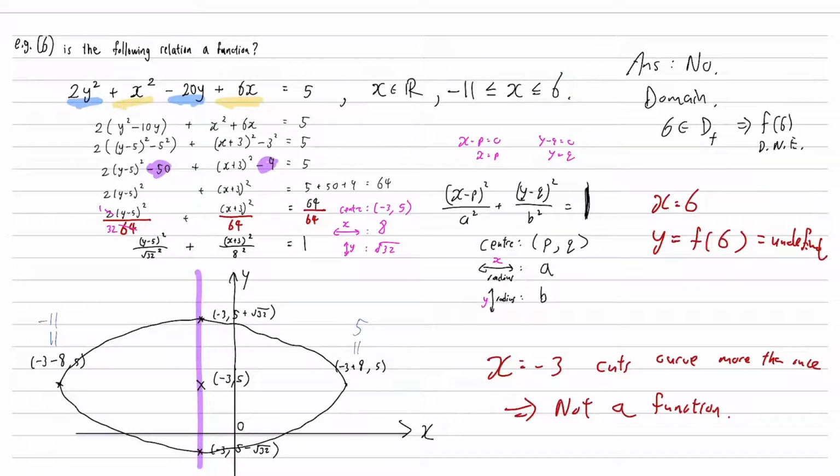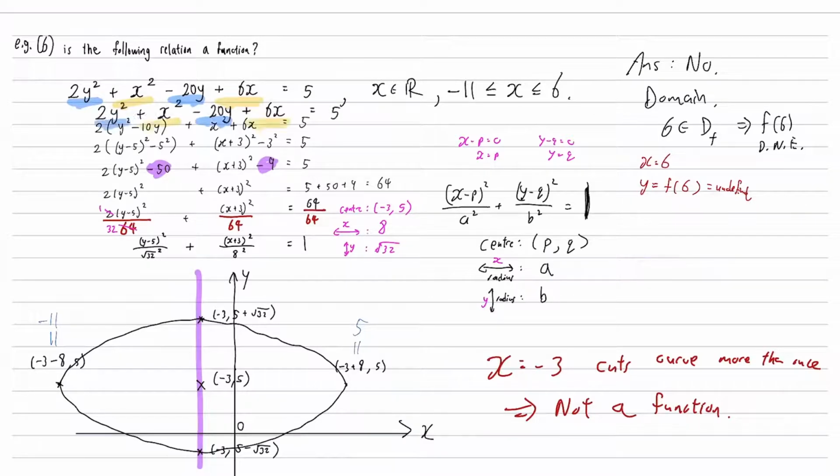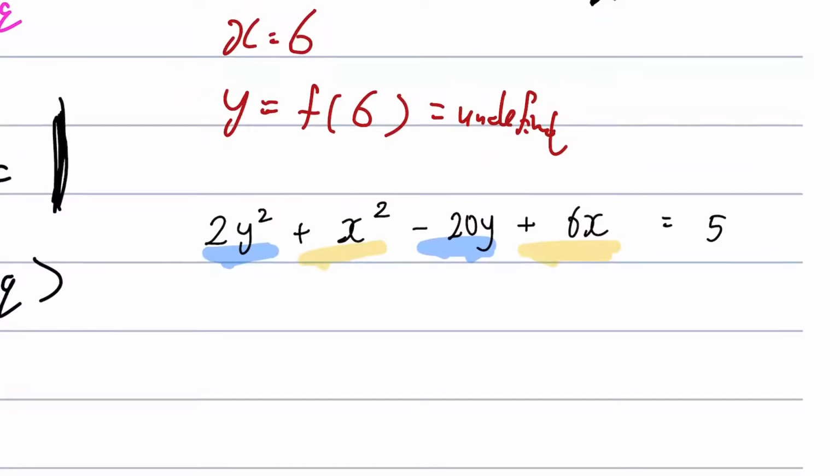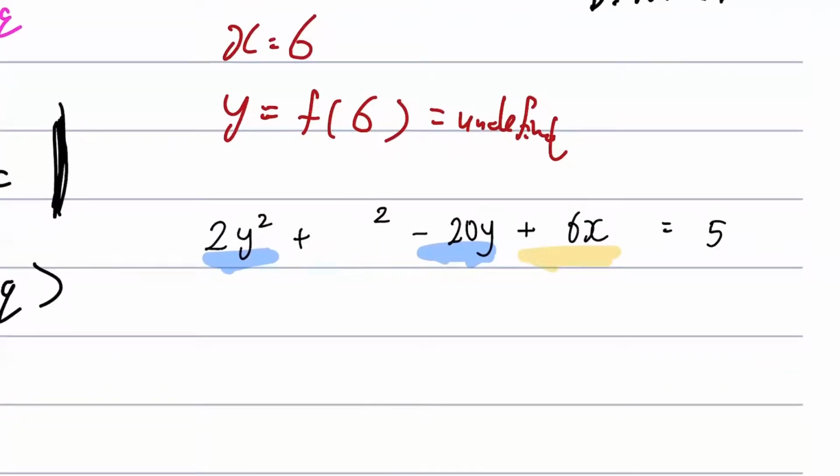So how do I find the y when x is equal to 6? How I do it is I just have to substitute into my original equation. So I'm just going to copy down my equation. I will now replace everywhere that I saw an x with 6. So here it becomes a 6, there it becomes a 6, 6 times 6. Let's calculate that. This is 36. This is also 36.